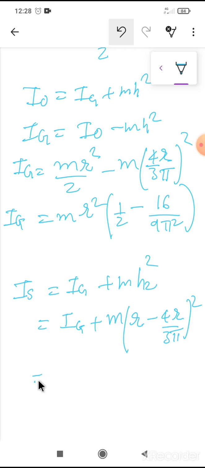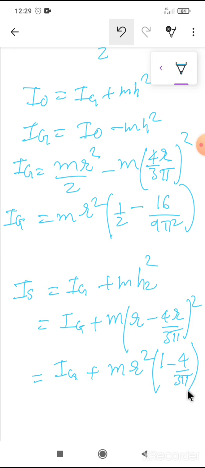And what will be the IG value? IG is this value, mr square times 1 by 2 minus 16 by 9 pi square. So we need to expand this equation. Before expanding, let's take r square common, so we are left with 1 minus 4 by 3 pi, whole square.